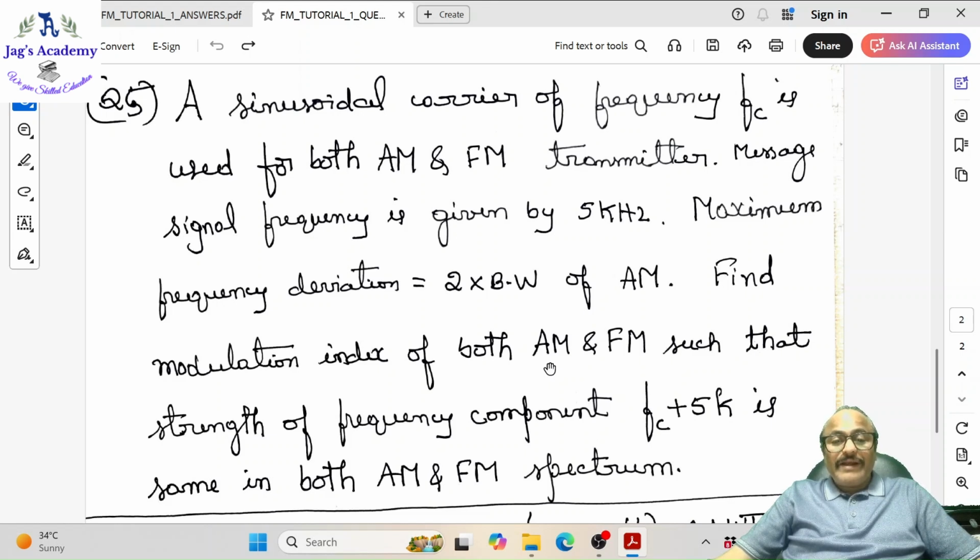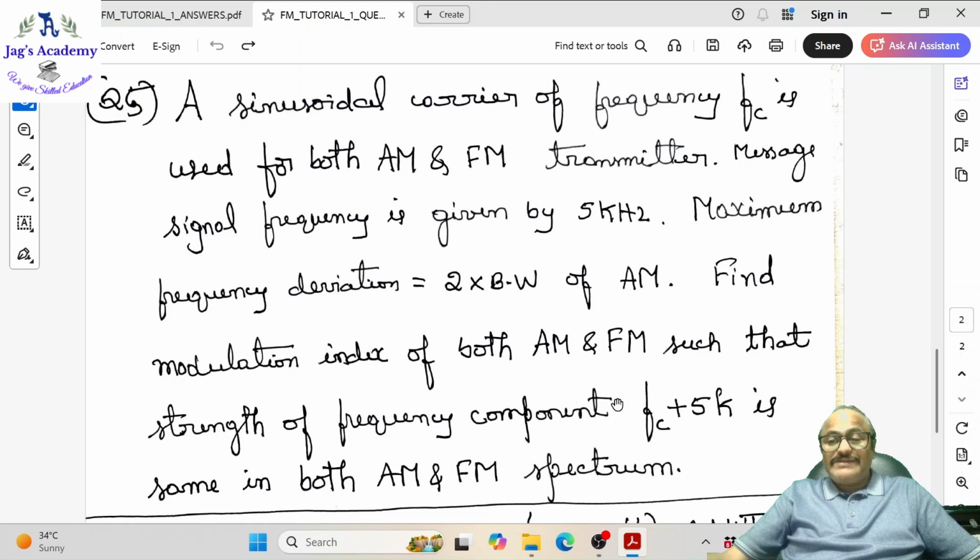You have to find out the amplitude of the first sideband, that is Fc plus 5k, and then calculate the modulation index of AM. In this question the modulation index of both AM and FM is asked. For FM it is direct, delta F divided by Fm, but for AM you have to find it from the spectrum.